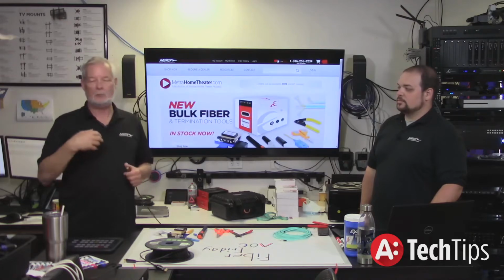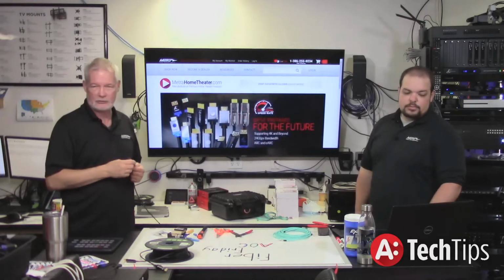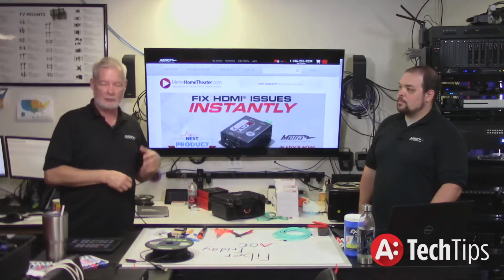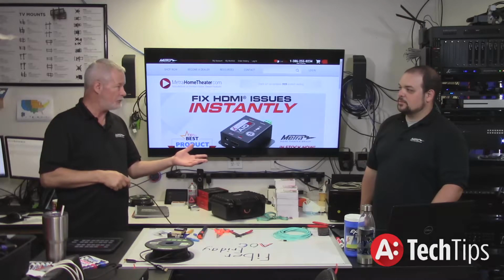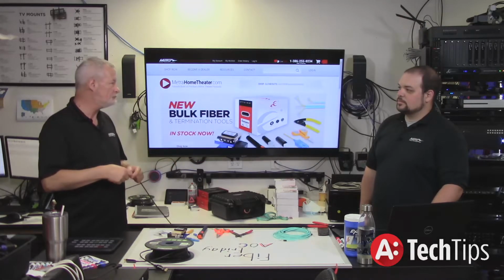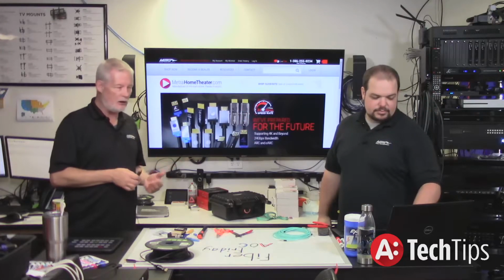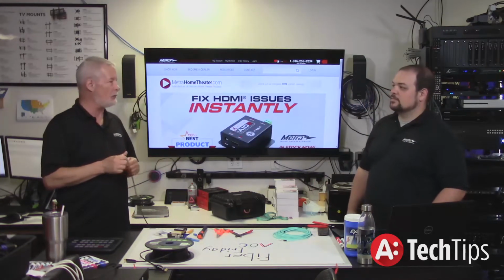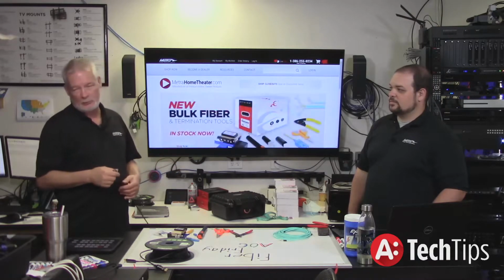When HDBaseT's first 18 gig transmission system was actually 2 category cables, they determined that was unfeasible for the market, so they compressed the heck out of it. But they could have gone 2 wires. And if you didn't have it, guess what? You didn't have it. So if you've got extra fiber, whether it's data, video, or carrying multiple feeds, you've got it there. It's always better to have too much than too little, and then stuff just plain and simply happens.